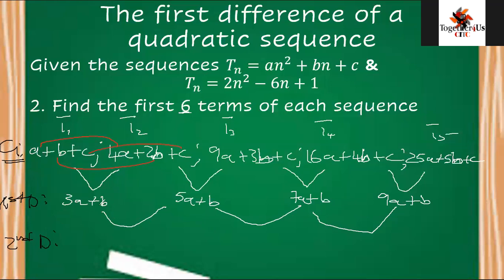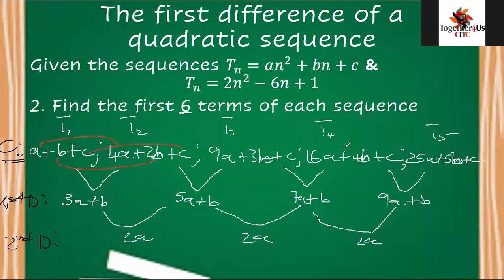You can see in this case the b's are going to take care of each other. So I'm left here with 2a, because that's what 5a minus 3a is. Here I'm also left with 2a, because that's what 7a minus 5a is. And 9a minus 7a is also 2a. So as expected, I have a constant difference of 2a.